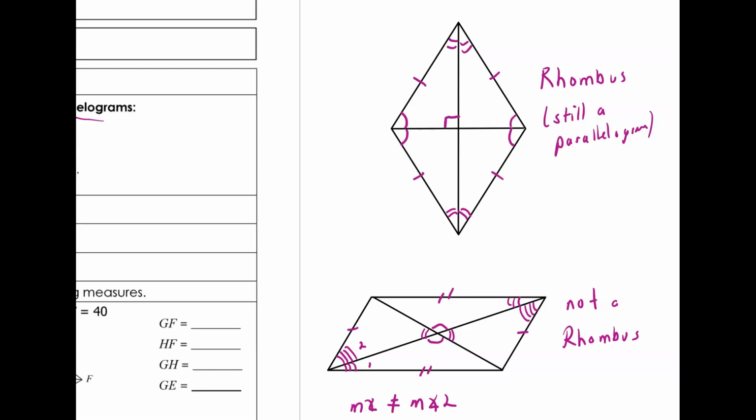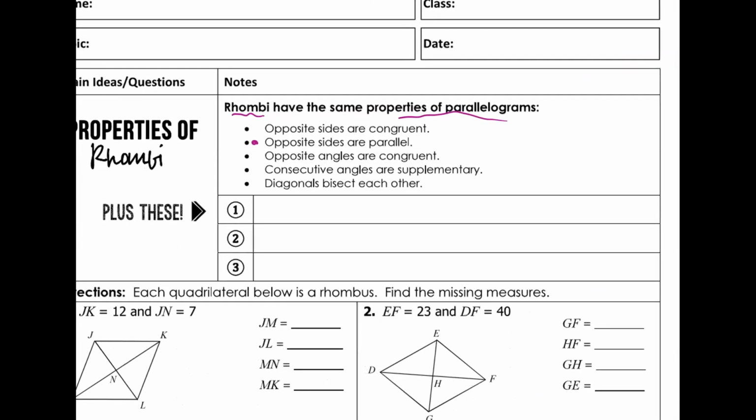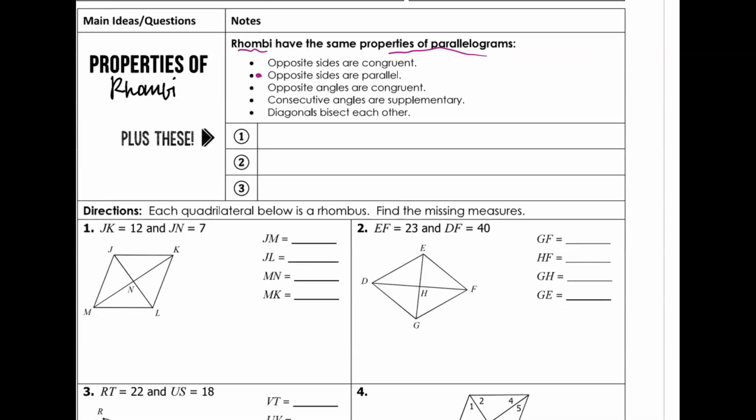All right, let's take a look at the properties now in writing. So pretty much going to write down what we just said. So we already have the properties of parallelograms, and they're still going to be there for all rhombi. But we also know that the definition of a rhombus is all 4 sides are congruent.